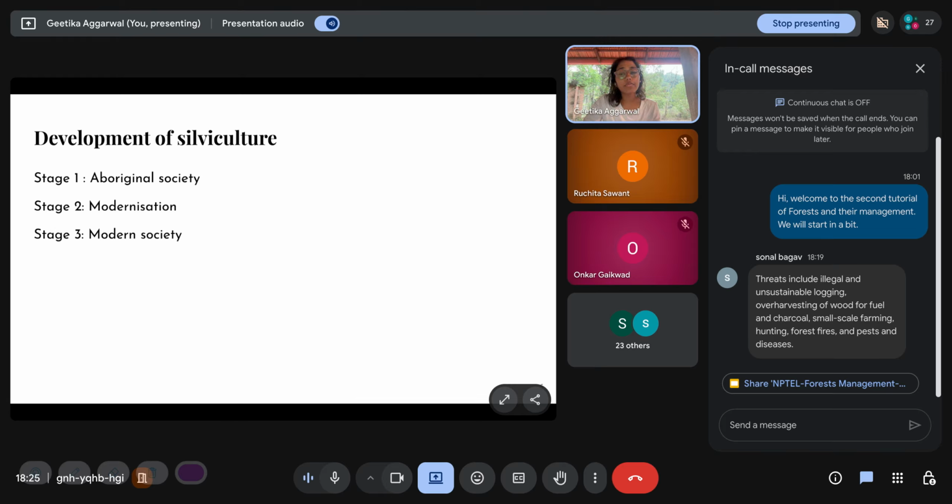And there was one example of how the history of silviculture, or these three stages, could be cyclical, in the sense that earlier, for example, India had a lot of kings around, and all of them have done most of their things. So maybe these kings in their empire also had a time when the resources were not required so much, and the forests more or less stayed conserved because they did not go and harm the forests.